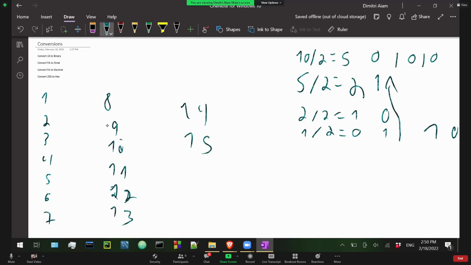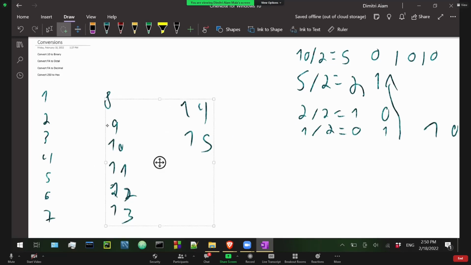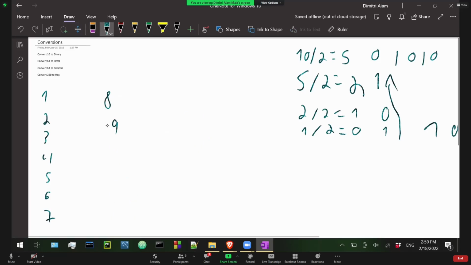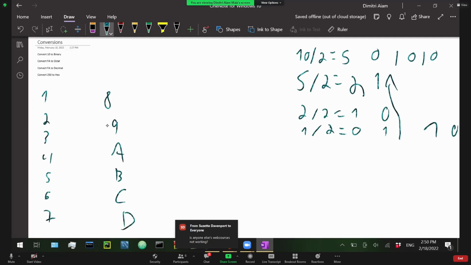These numbers over here, they don't exist, so we need new symbols for them. We call them letters: A, B, C, D, E, F.